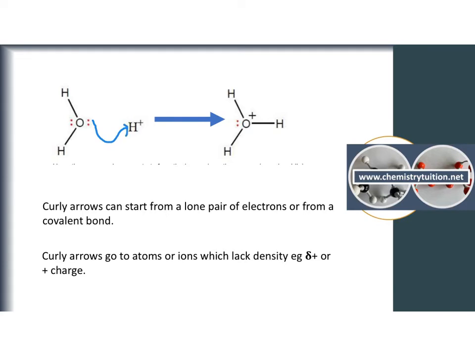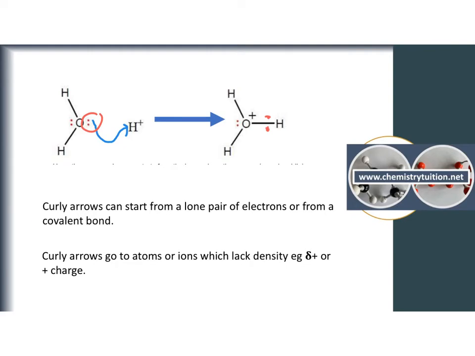So my electrons will travel and form a bond with H+, and those two electrons are now in this bond here. And I have formed H3O+, by that oxygen forming a bond with H+.